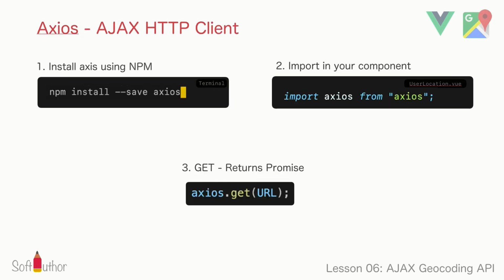I'm going to be using Axios, which is an HTTP client, to make the AJAX request. This is going to be a three-step process. Install Axios, import it to the user location component, and make a request using the get method on the Axios object.